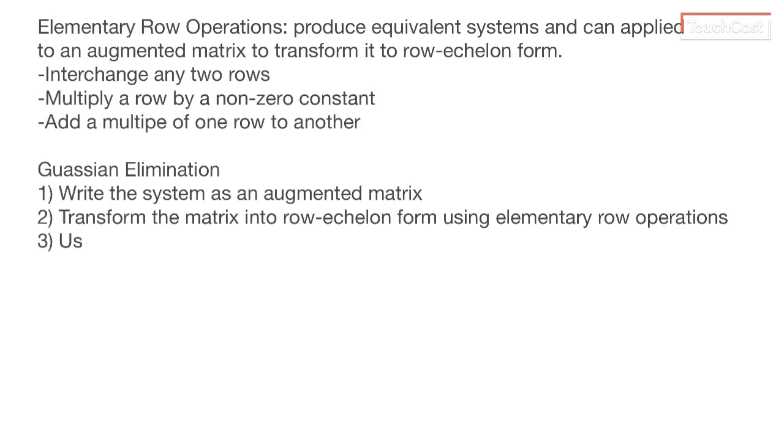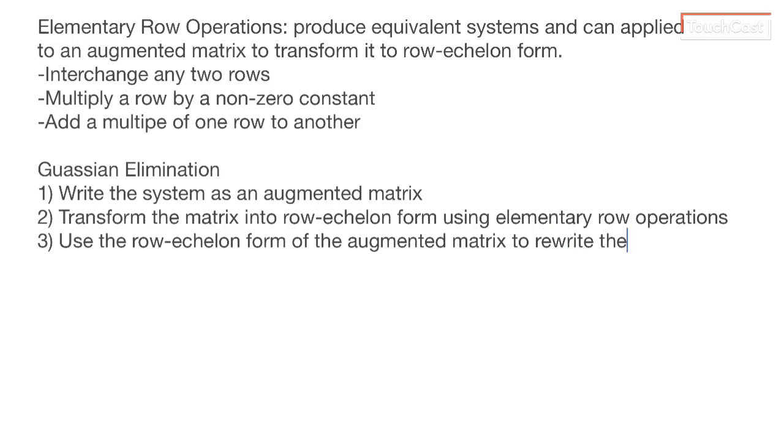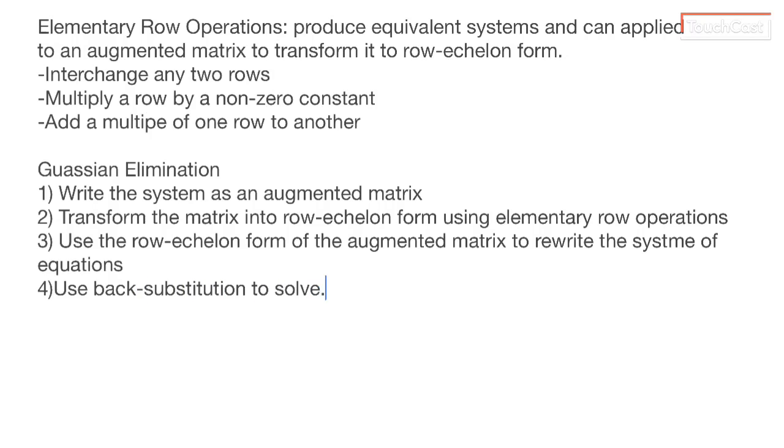Then we're going to use the row echelon form of the augmented matrix to rewrite the system of equations. And lastly, we are going to use back substitution to solve for the variables.